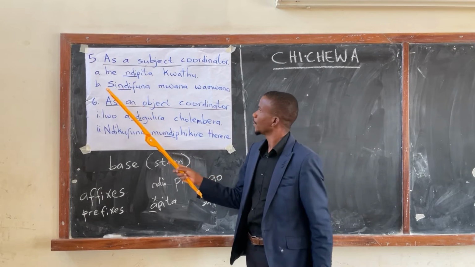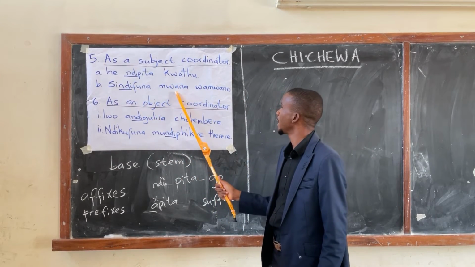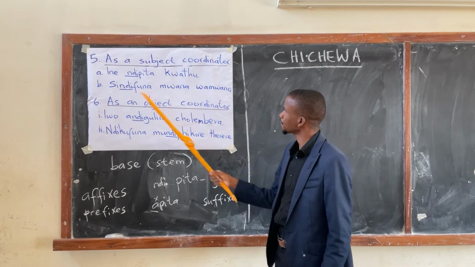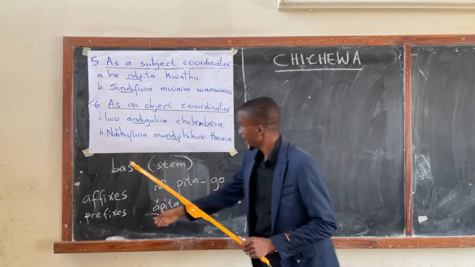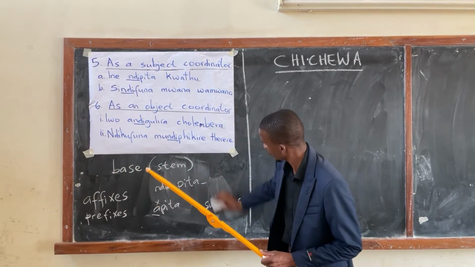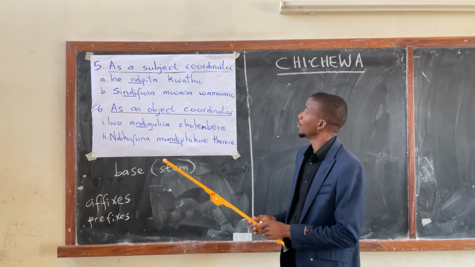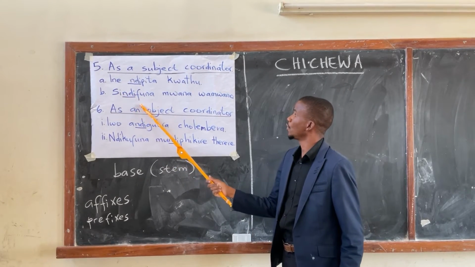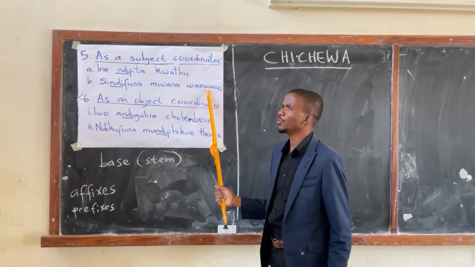Alright, so in the second sentence, sindifuna mwana wamani. Sindifuna mwana wamani. Again, we have I don't want a disobedient child.